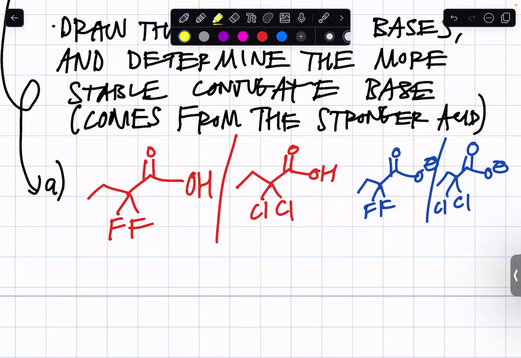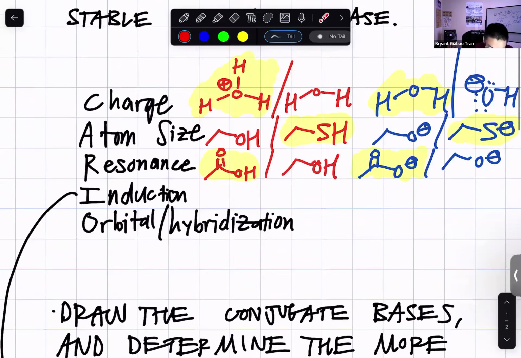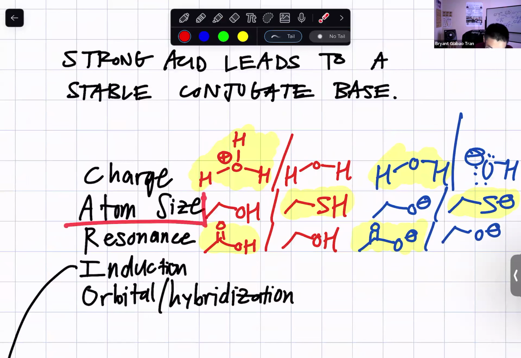The chlorine for the first one? Because it's bigger, right? Fluorine is smaller. Oh, chlorine, yes. Chlorine is bigger than fluorine, right? And I think you are looking at this factor, the atom size factor, right?